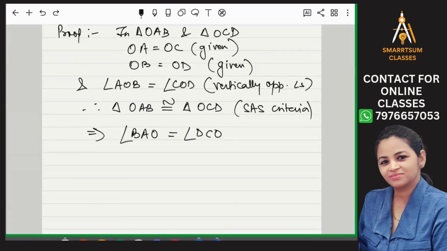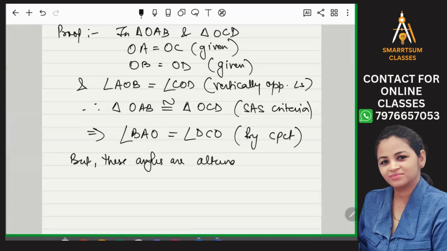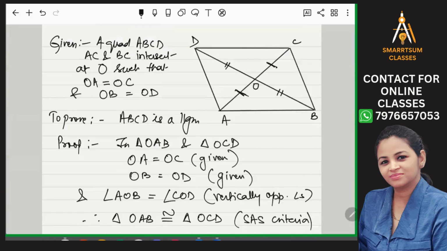But these angles are alternate interior angles. Yes or no? So we have proved that alternate interior angles are equal for the set of lines AB and DC, which is cut by the third line CA.